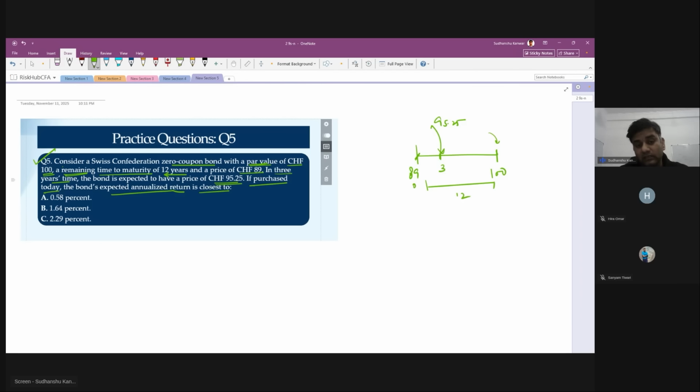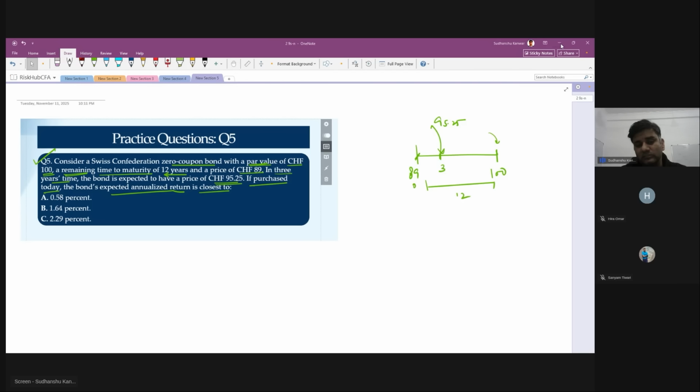Now, this is very tricky, because it seems like you haven't done any such question before. How do you solve it? You are given a value of the bond 3 years from now, that is good. Now the only question is, is there any way I can figure this out?